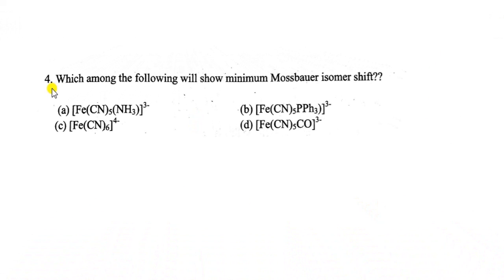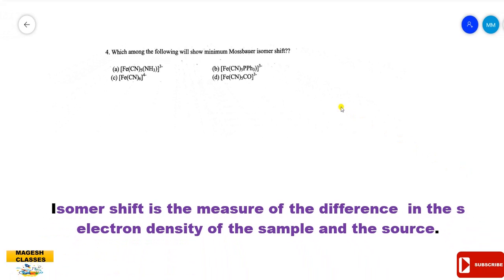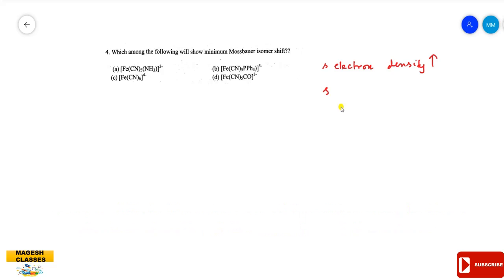Question number 4. Which among the following will show minimum Mossbauer isomer shift? The isomer shift in Mossbauer spectroscopy depends upon the s electron density at the nucleus. As the s electron density increases, the Mossbauer isomer shift in the negative direction increases.